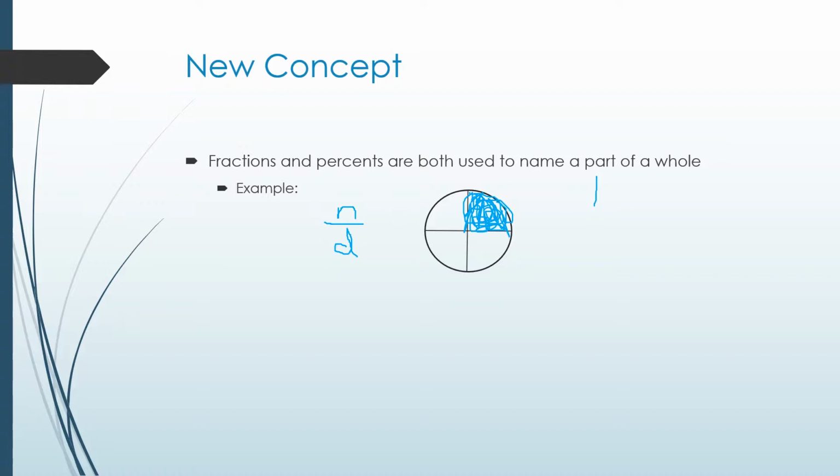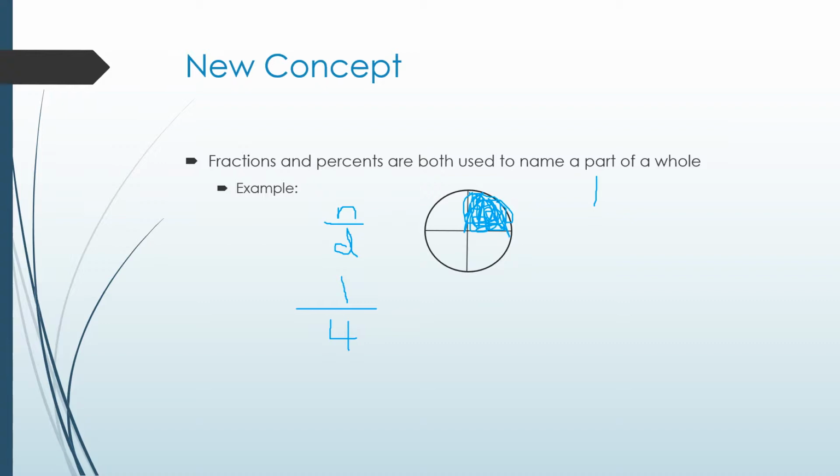So you saw before, we split the shape into 4 pieces. So our bottom number, our denominator, is 4. Our numerator is the number that I'm asking you for. So if I asked you how many parts are shaded, then I would only put the shaded number of parts on the top. So that's only 1 part. So our fraction would be 1/4.